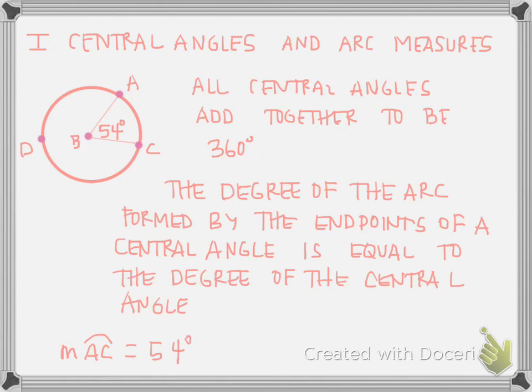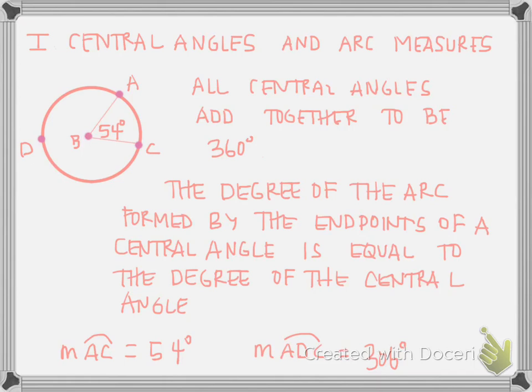Which means the measure of the arc ADC would be 360 minus 54. So that'll be 306.